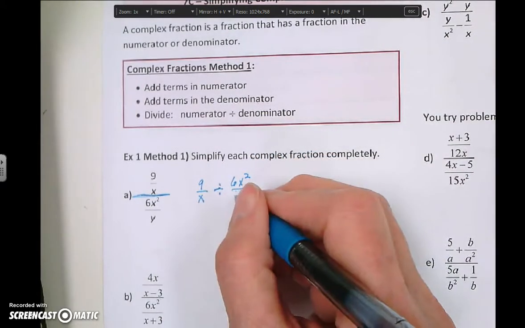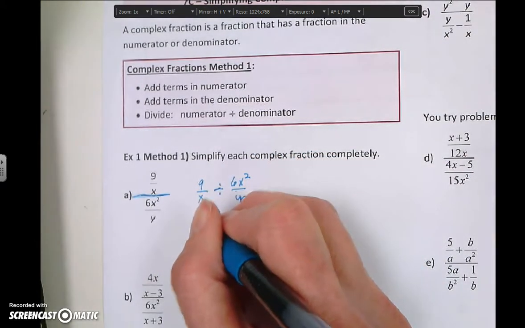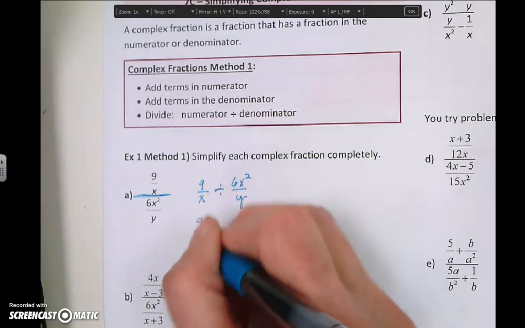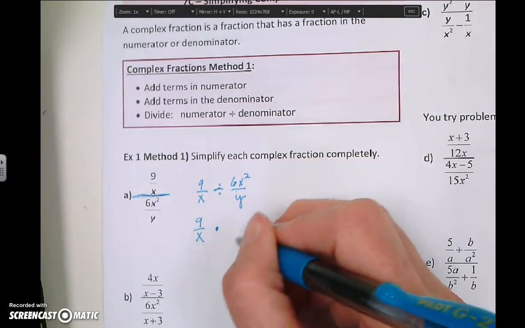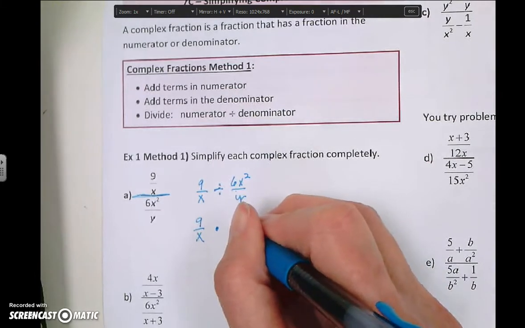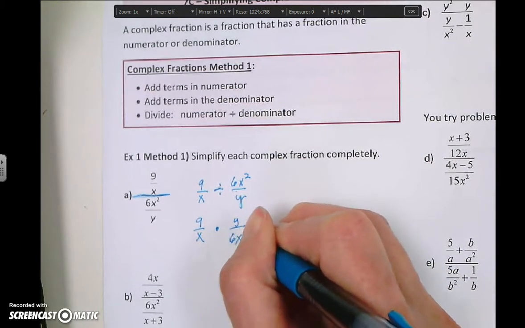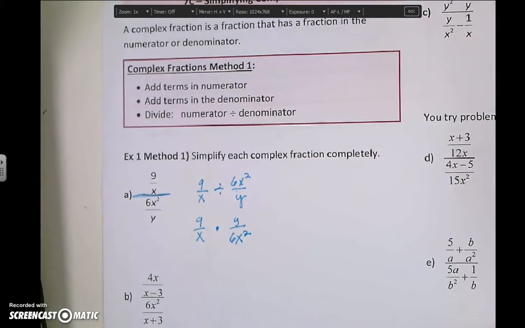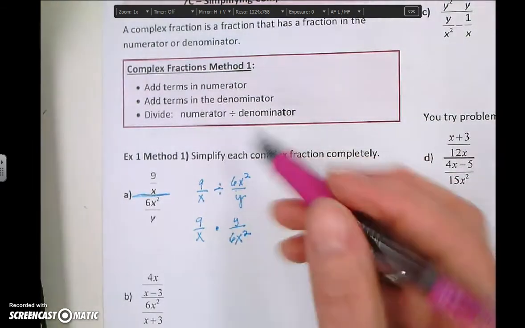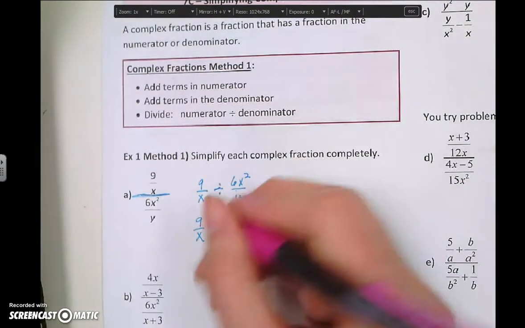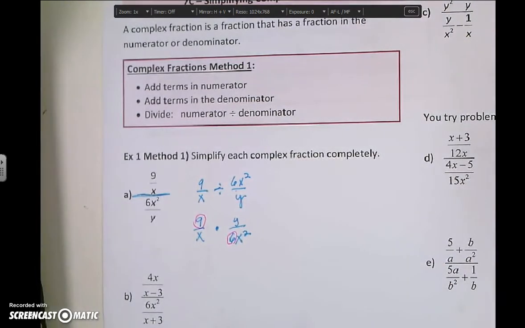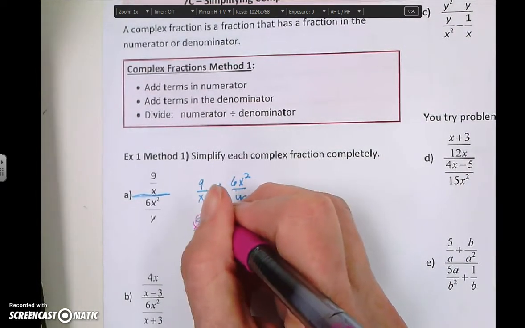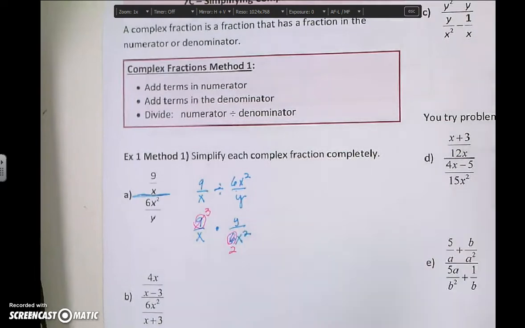All right, so remember that when you're doing division with fractions, you keep the first fraction the same, change to multiplication, and then flip the second one. So this will be y over 6x squared. Now we're ready to do some multiplication and some canceling. I have this 9 and 6, and 3 goes into both of those, so 3 and 2.